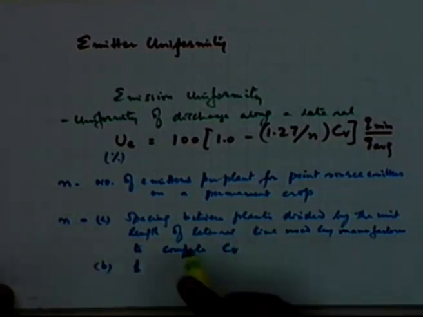Now the N value in this particular case will be either of the two, whichever is greater, of the above two cases, the cases A and B which we have given for a line source on annual row crops.